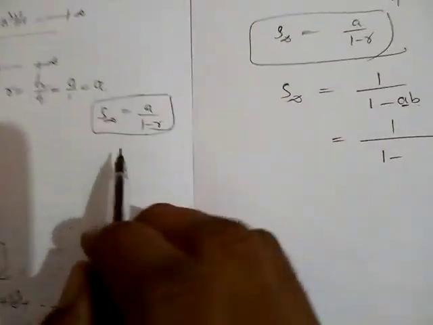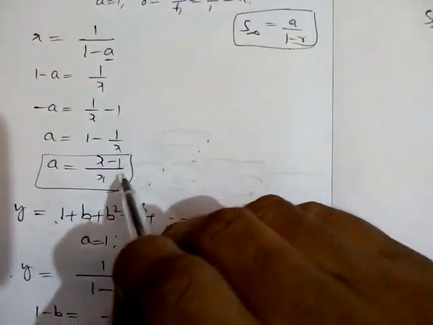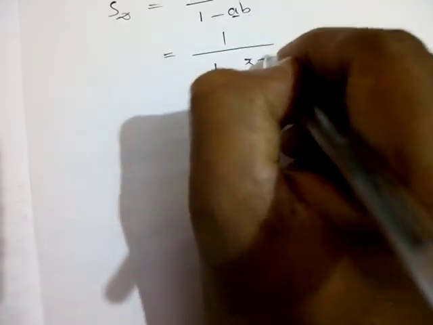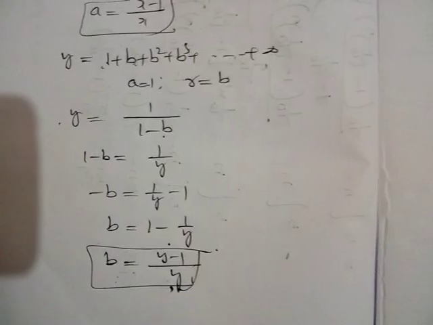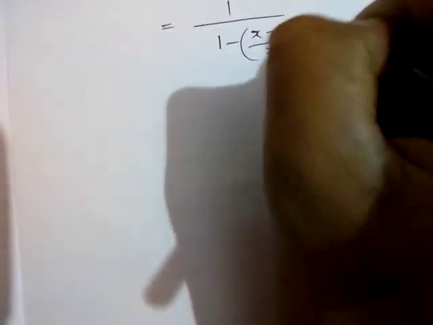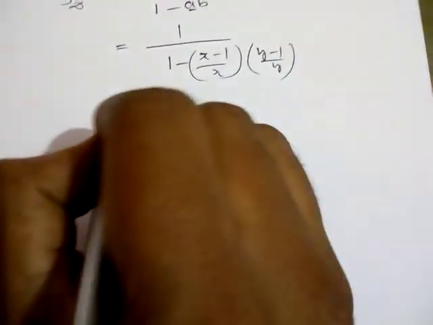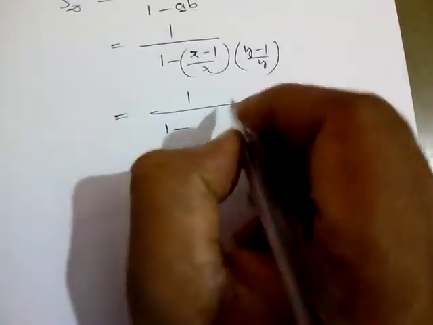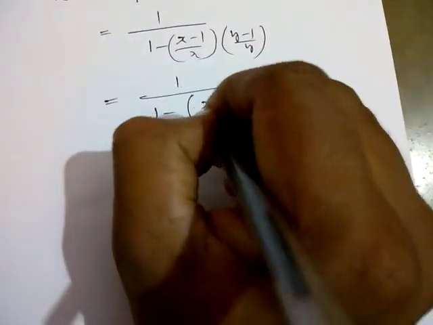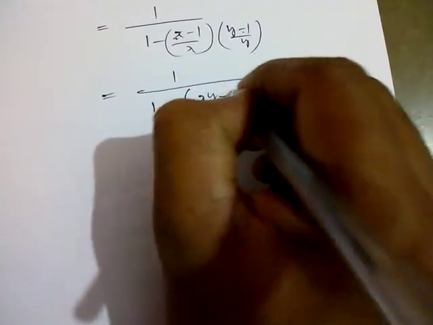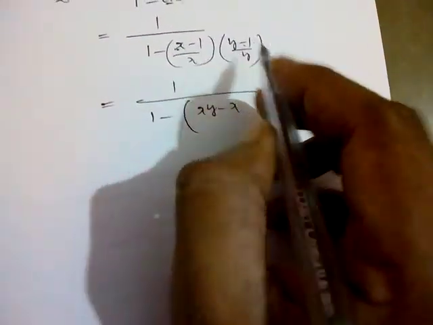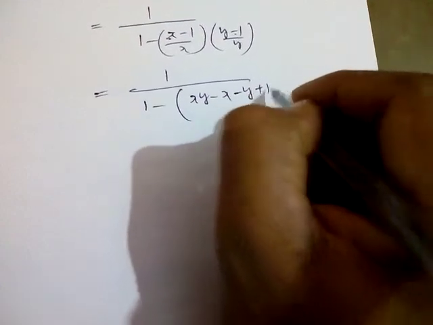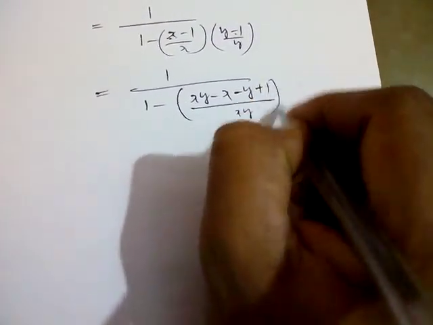So what is the a value? X minus 1 by x, into the b value, y minus 1 by y. Now simplify. Here xy minus x minus y plus 1 by xy.